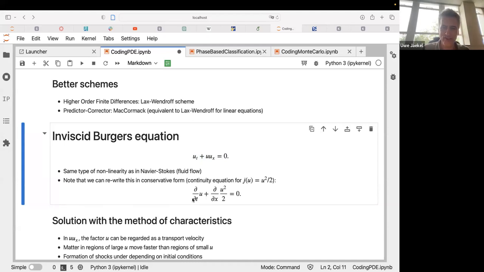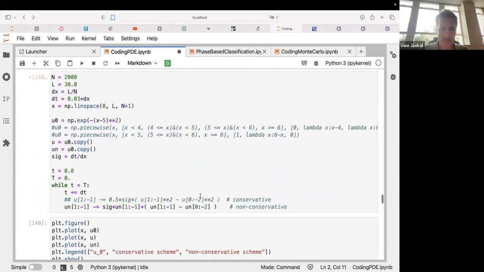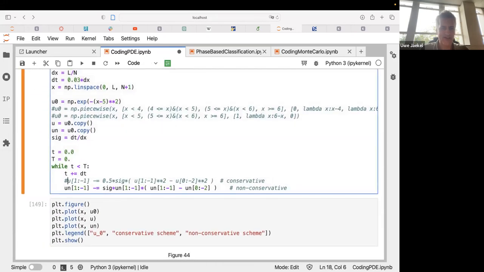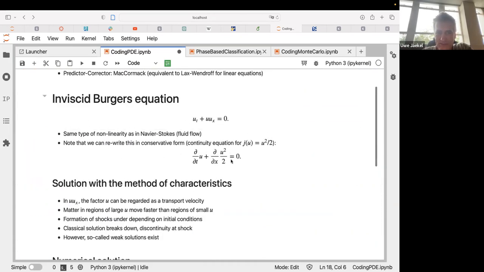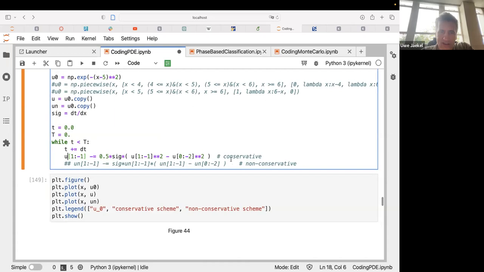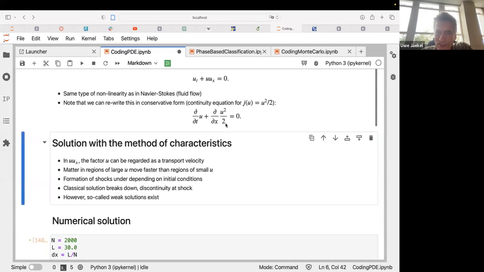Now we discretize this equation. What does this mean? This means that we update. That's the other scheme. This is the non-conservative scheme, and this is the conservative scheme, where we have the same equation but in a different formulation. Then how can we discretize it? We take the finite difference of this value, but of u squared over 2, not the finite difference of u.